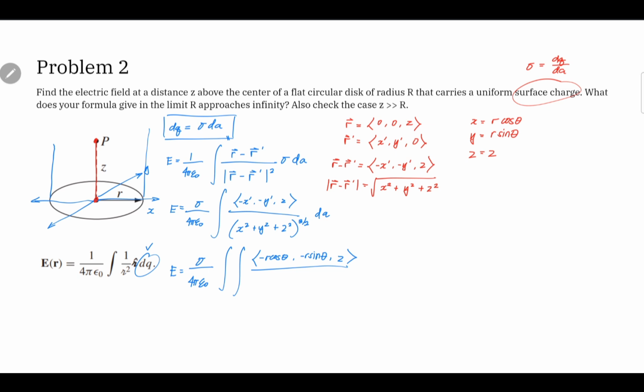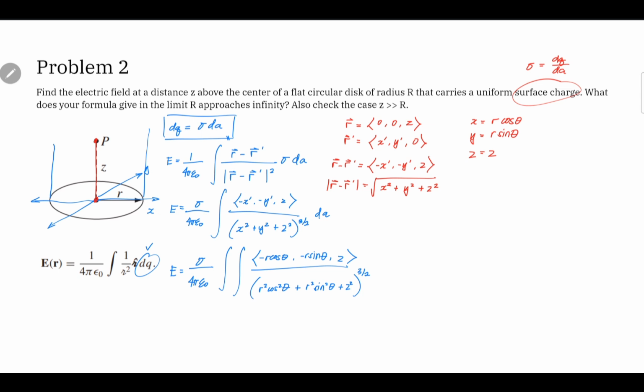As for your coordinates here at the bottom, you can have r squared cosine squared theta plus your y is going to be r squared sine squared theta plus z squared, it remains the same, raised to the power of 3/2.